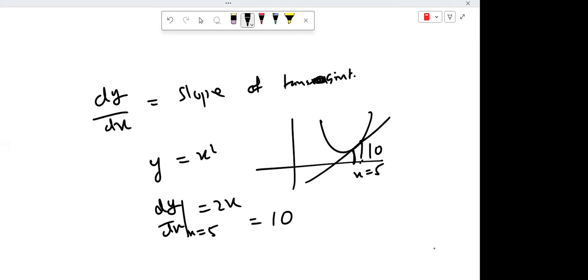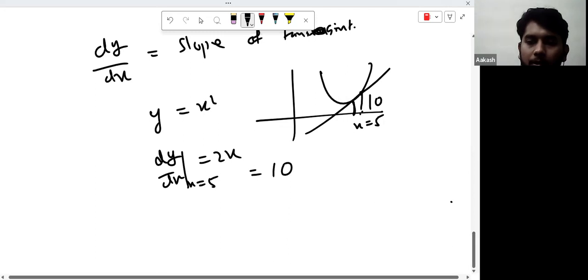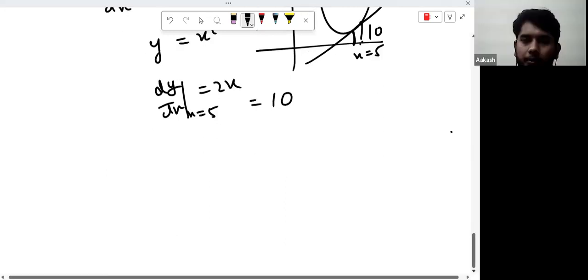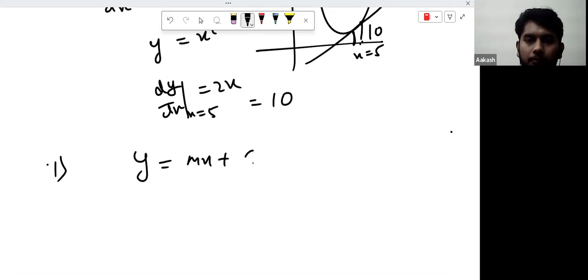Okay, now do you know straight lines? Remember straight lines, class 11th? Forgot, sir. Oh god, okay. This is called slope intercept form, right?